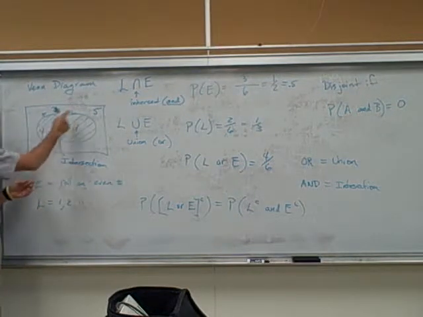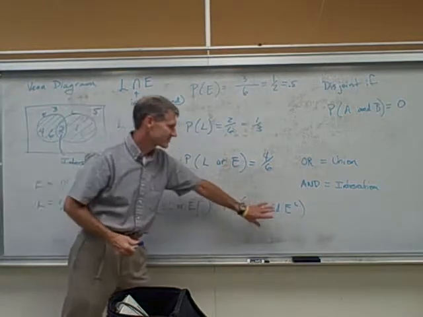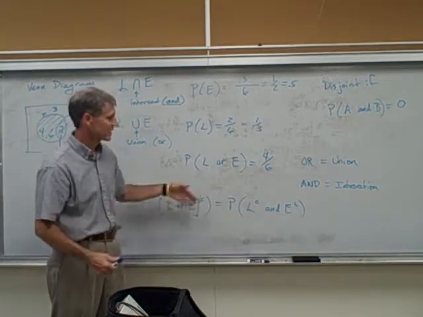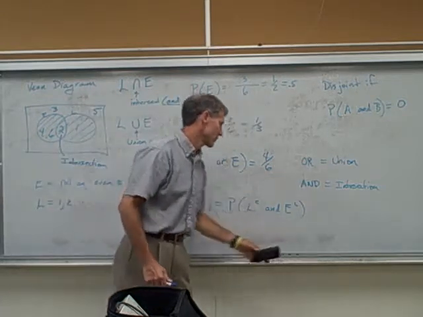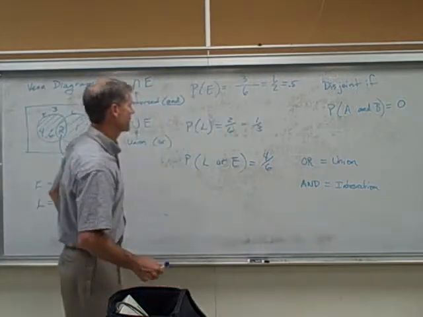Yeah, both of them are 3 and 5. So you get this in higher level math classes and set theory and all that stuff, but that is one way of computing probabilities. But don't get hung up on that.